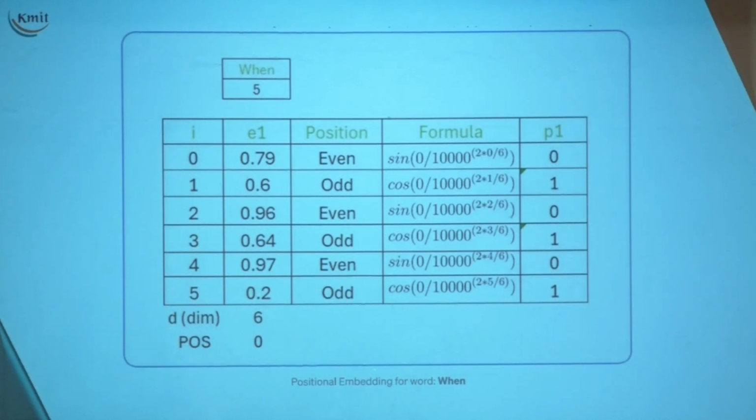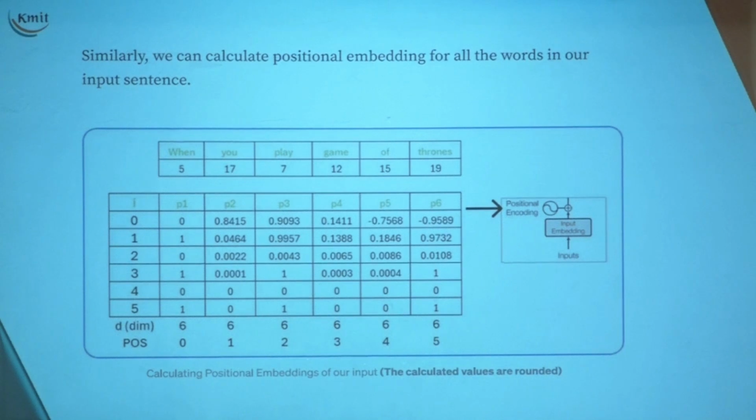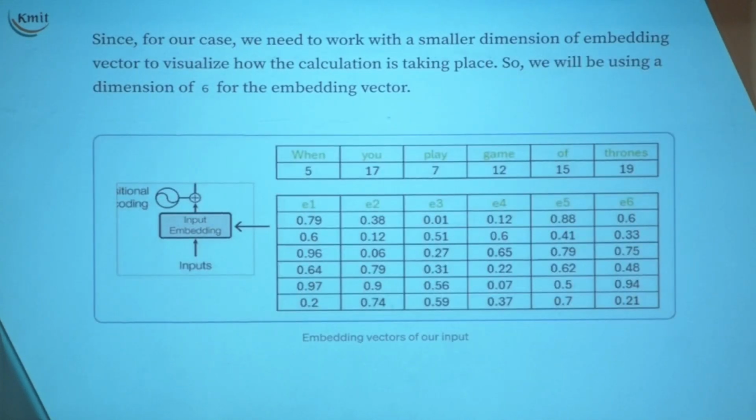For this word, I am calculating positions. What is E1? The word embedding of the word "When". What is E2? Word embedding of the second word. What is E3? Word embedding of the third word.